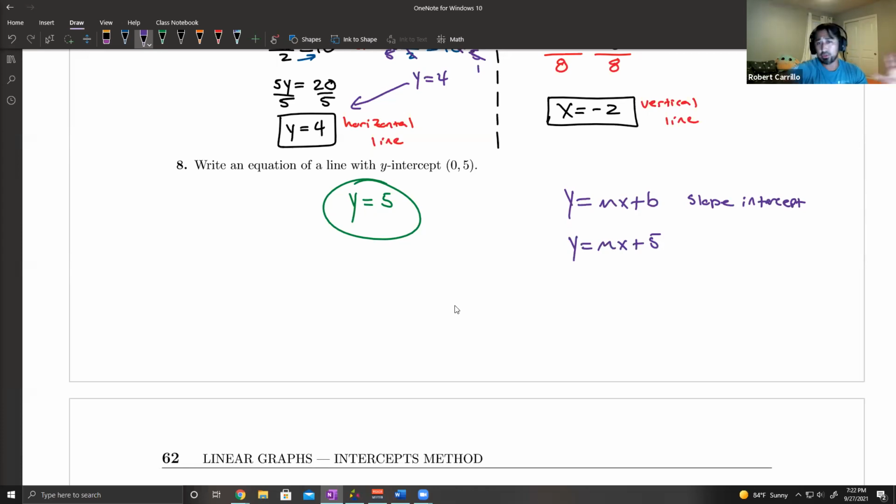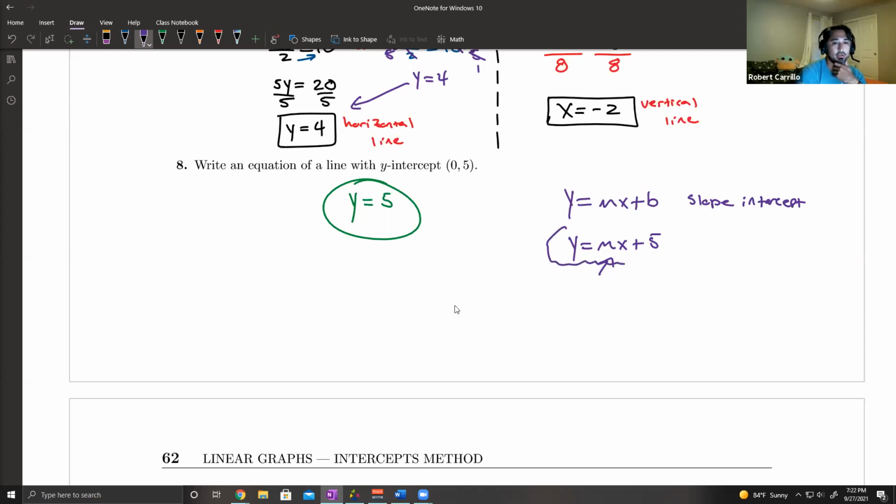And then since we're just creating something, just plug in any number you want for m, and the solutions are infinitely many. You can plug in 1, 0, 10, 100, and no matter what, that equation will still have a y-intercept of 5. So that's actually pretty cool. So either one works.